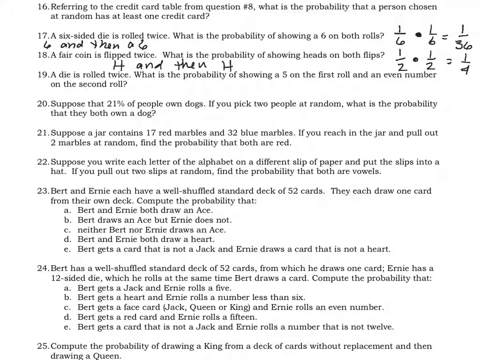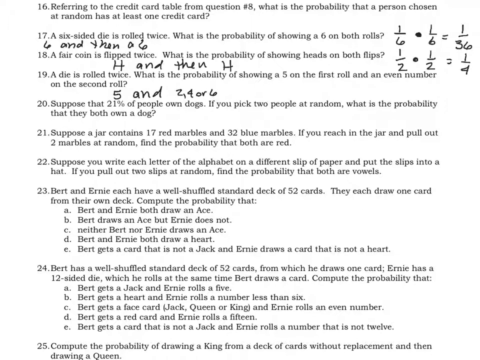19: a die is rolled twice. What is the probability of showing a 5 on the first roll and an even number on the second roll? Again, when you roll a die twice, those are two independent events. The first time you roll, we're looking for a 5 and then an even number, so we're looking for 2, 4, or 6.